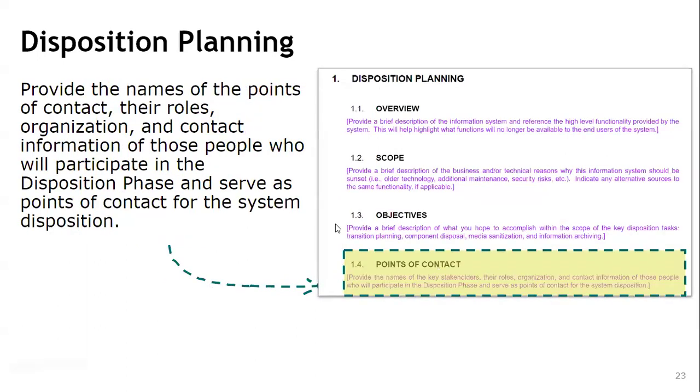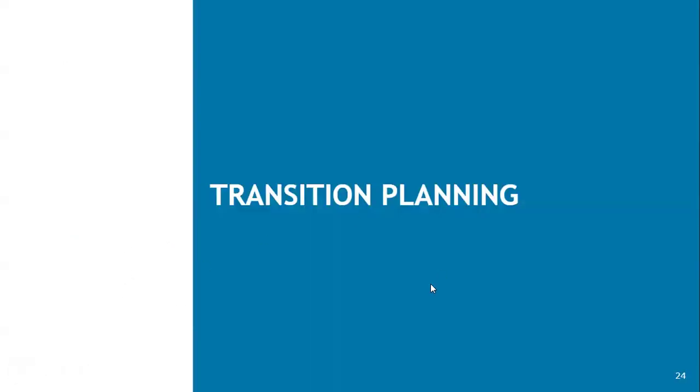And for the point of contact, I have already discussed this. We need to provide the names, contacts, roles, and organization information of those people who will participate in the disposition phase and serve as points of contact for the system disposition.